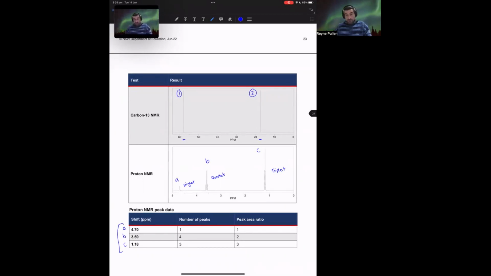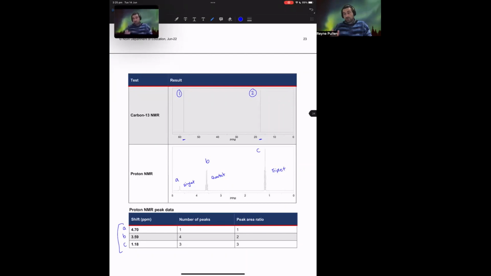The triplet, having quite a low ppm, is suggesting that it is similar to before, not near something that's de-shielding. Whereas we can see the quartet has moved a fair way down the ppm. Its chemical shift has moved downwards. So it's likely to be close to something that's de-shielding. The singlet can be a little bit tricky to think about.